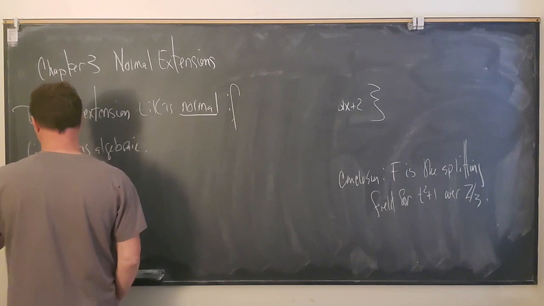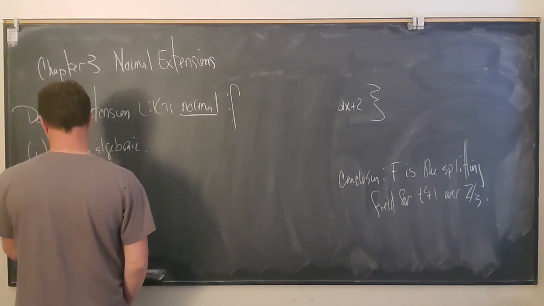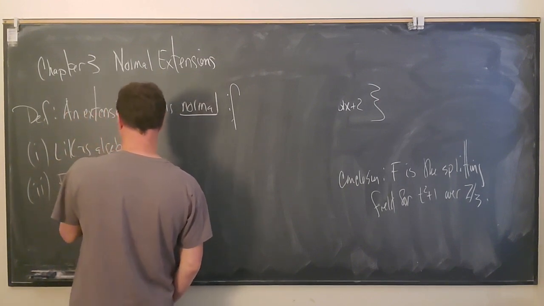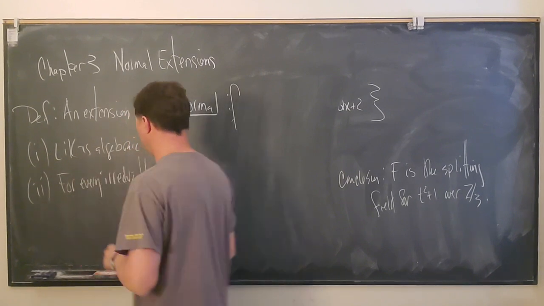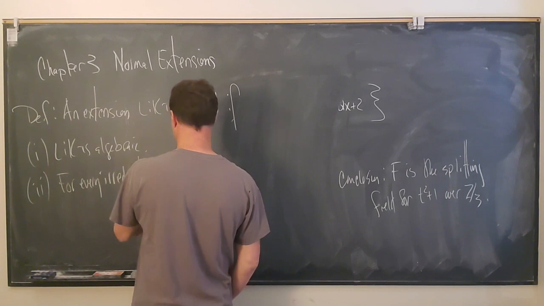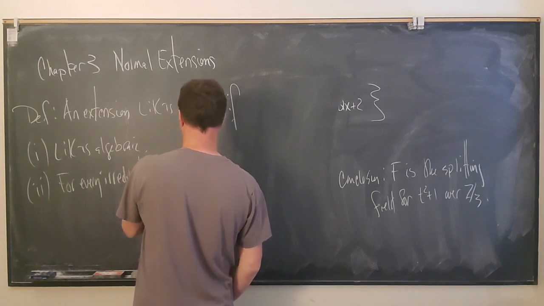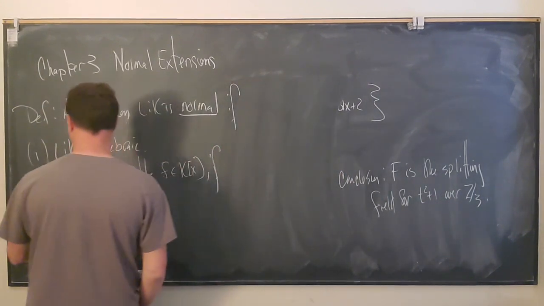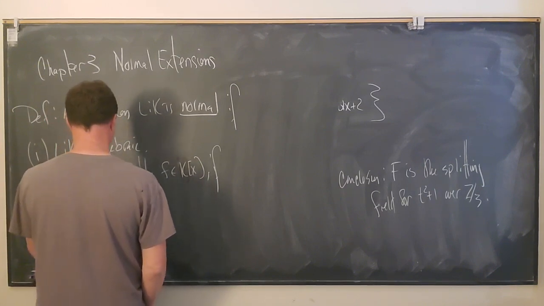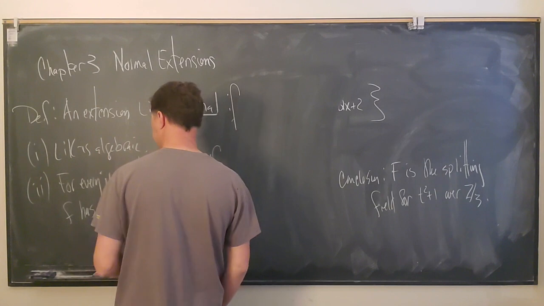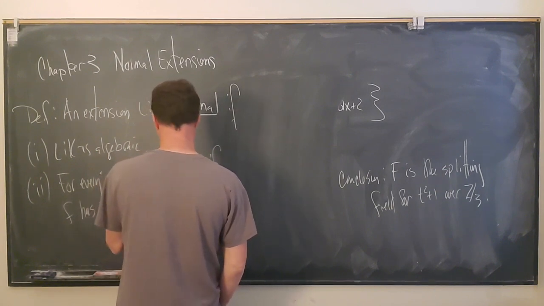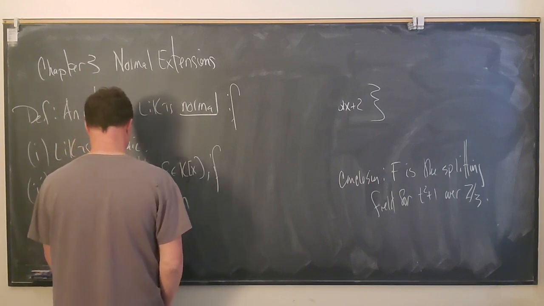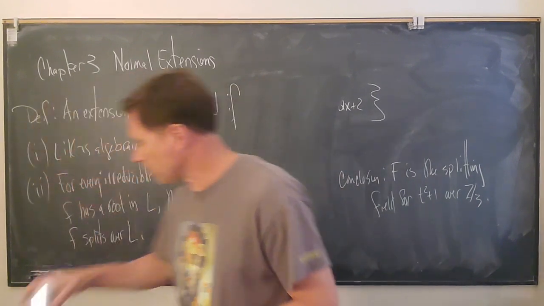And the second condition, for every irreducible, say f in K[x], if f has a root in L, then f splits over L.